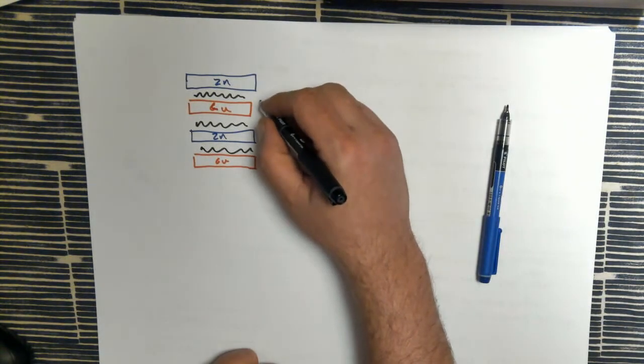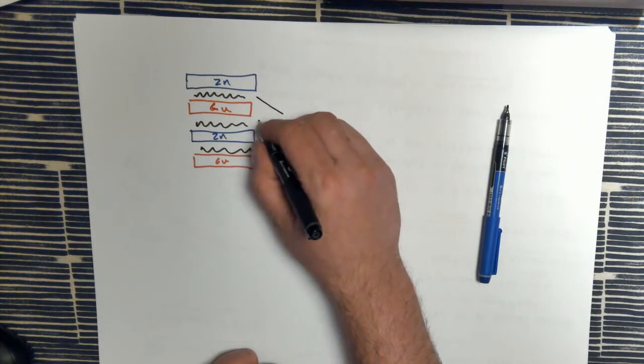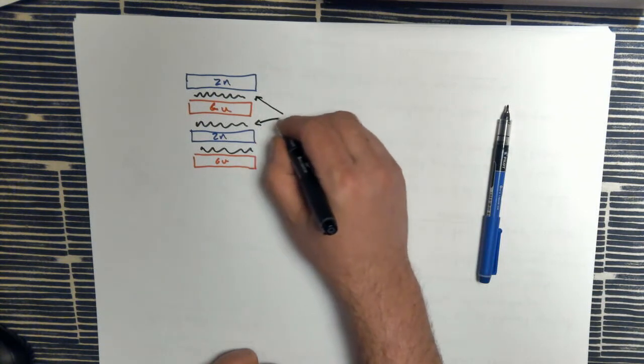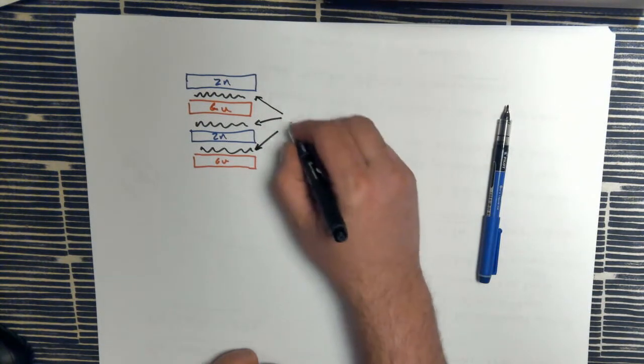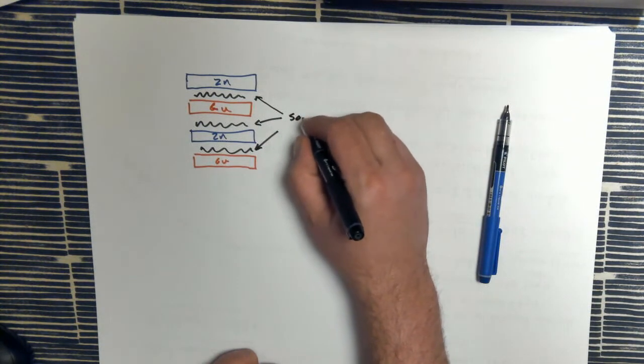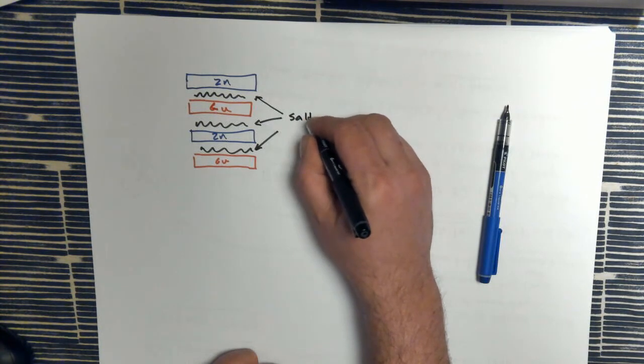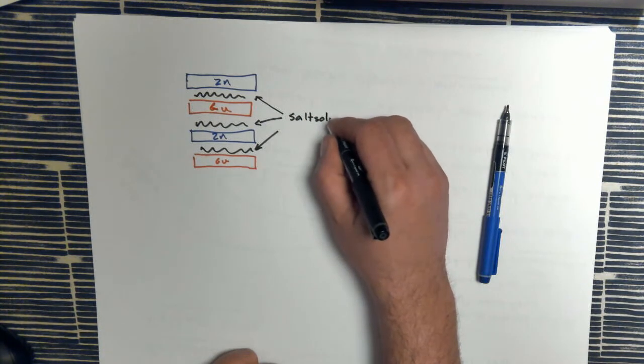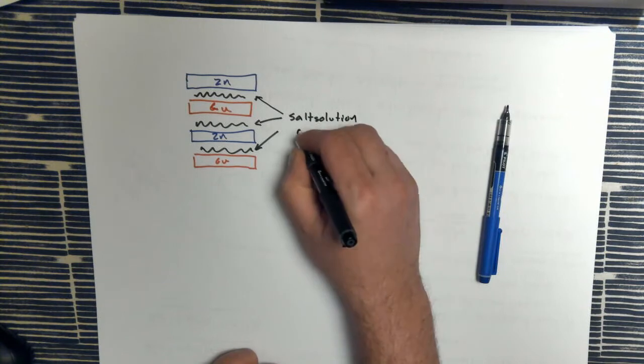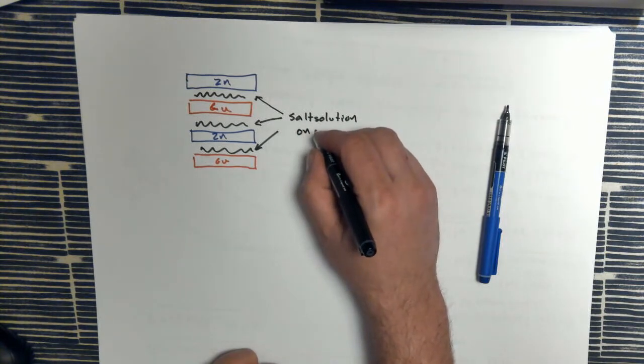So this was the electrolyte, what we now call an electrolyte, was basically a salt solution on cloth.